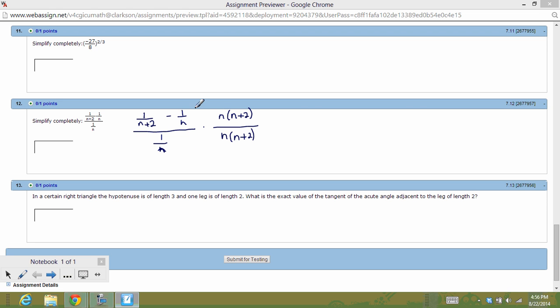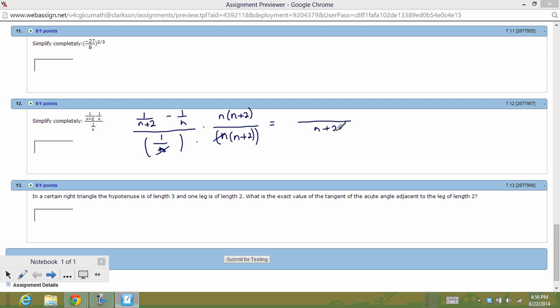Now, of course, in the process, as you look at the bottom, there was no issue there. Multiplying 1 over n times n plus 2, you're going to get a cancellation of the n, and so the major denominator will have the fraction removed, and it'll merely be 1 times n plus 2.